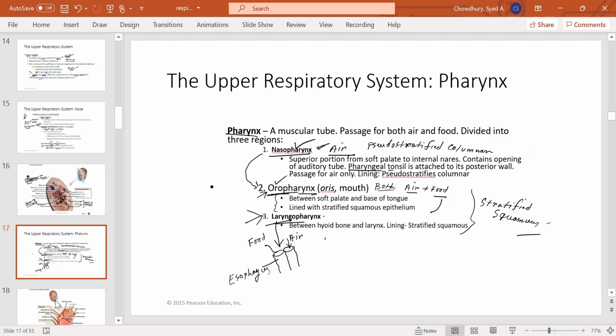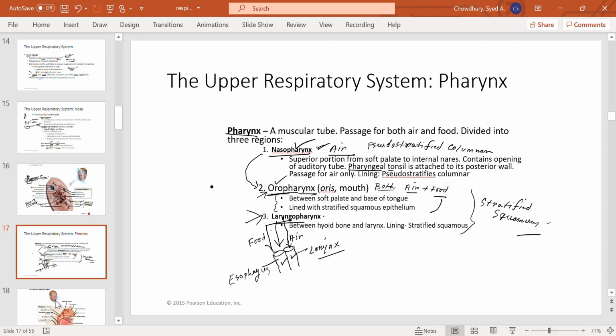Makes sense? You see the laryngopharynx is here, and this is the larynx for the air.